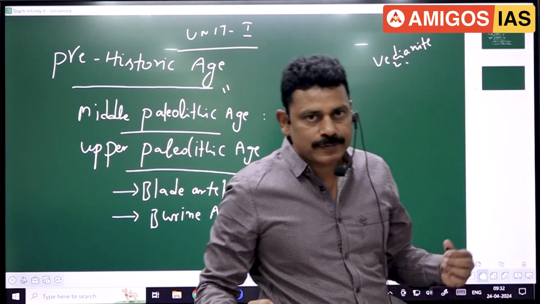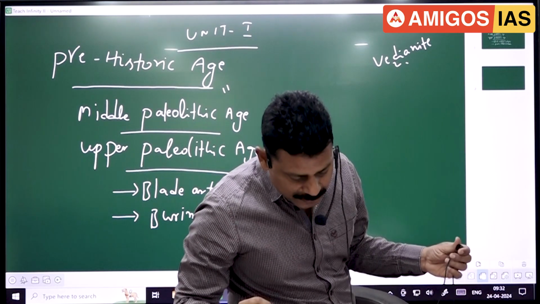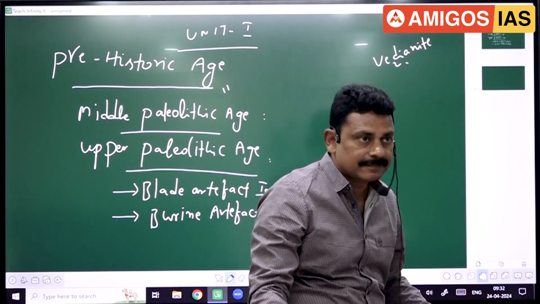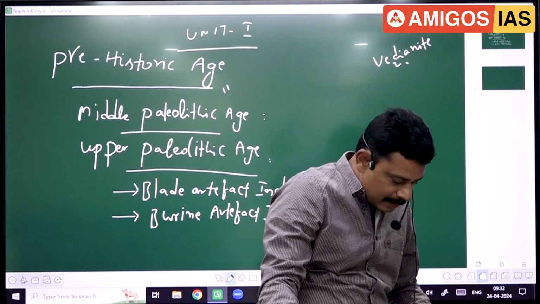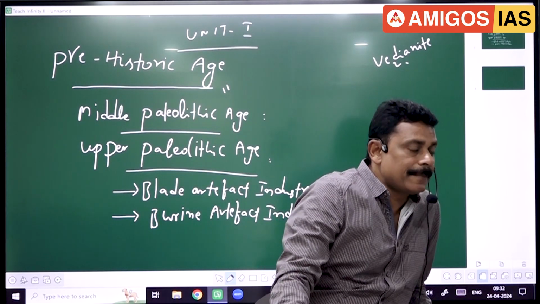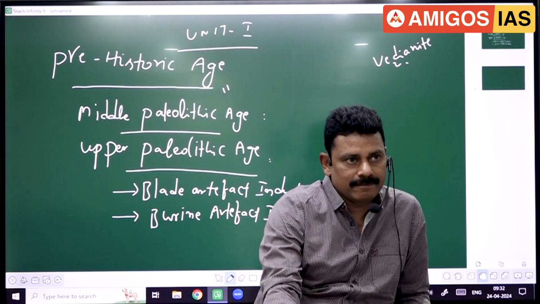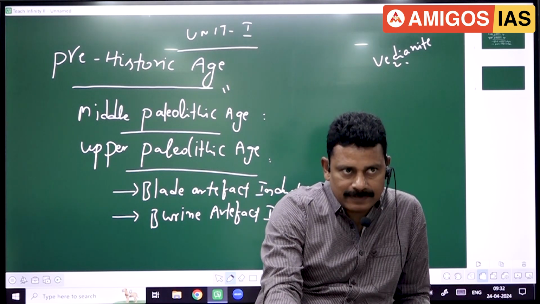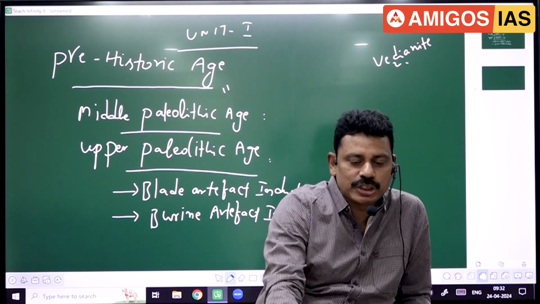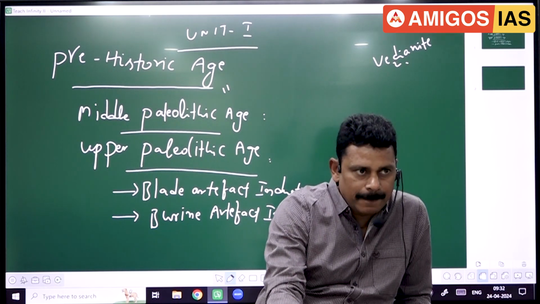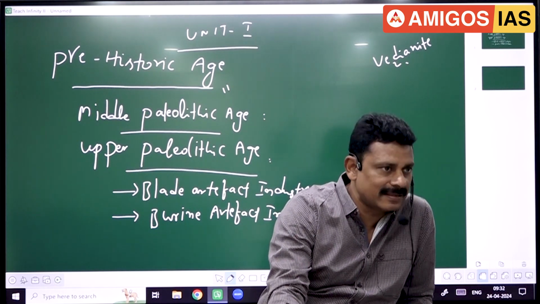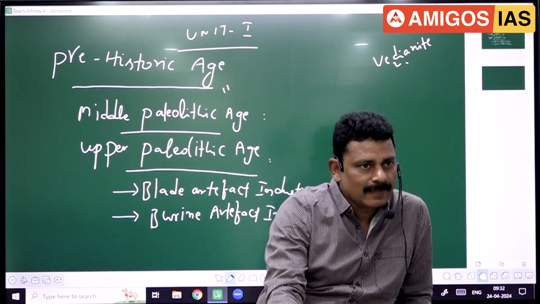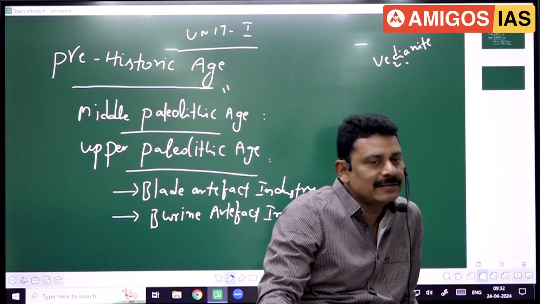The two types of stones that were used by the humans here, quartzite and Vidianite. Coming to the sites from where the Burin artifacts have been recovered, most of the Burin artifacts have been found in Chittoor district, whereas blade artifacts have been found in Kurnool district.